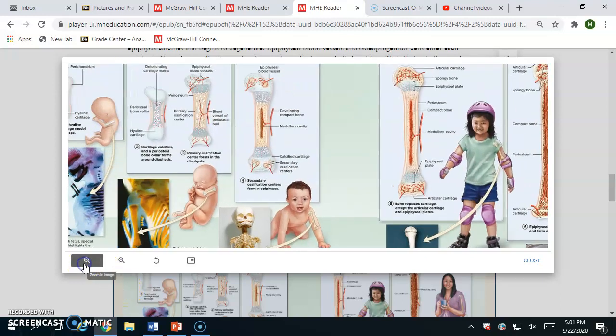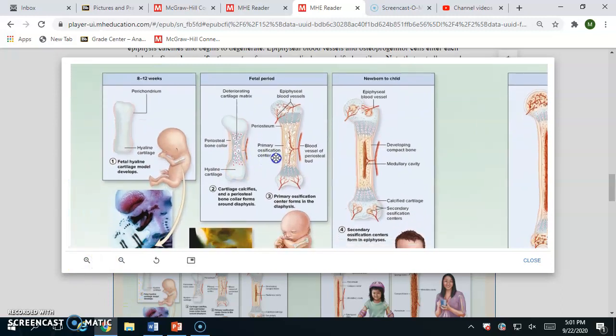I'm going to zoom in on our little fetus here. So this is showing that hyaline cartilage will develop, and it'll be essentially the same shape as our bone. So that's the little humerus bone, and the radius and ulna here would look like what they should look like. We'd have the femur bone and the tibia and fibula.